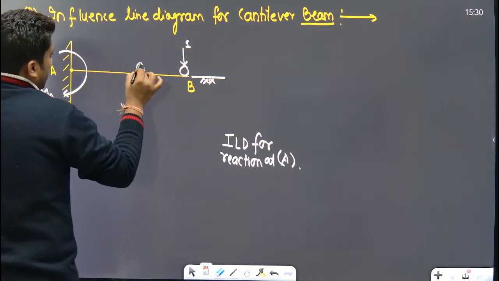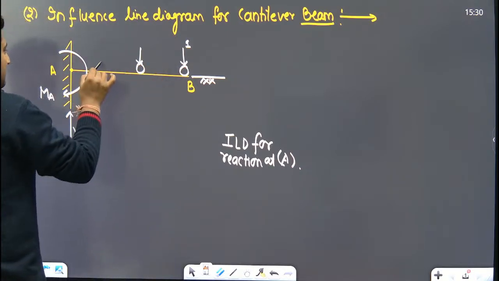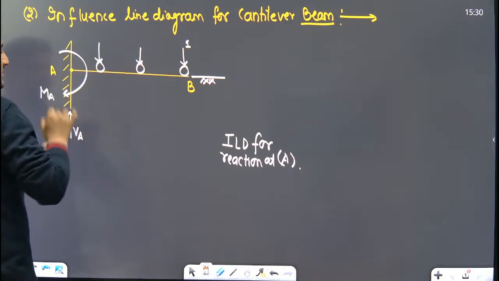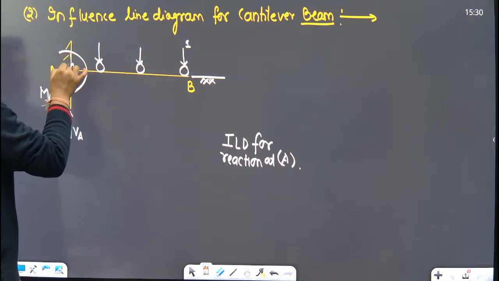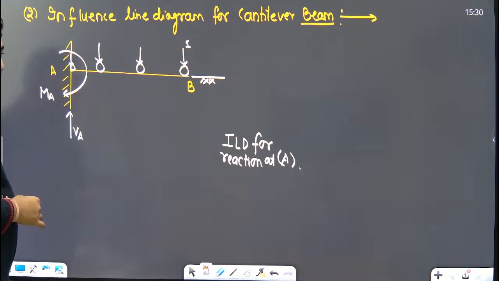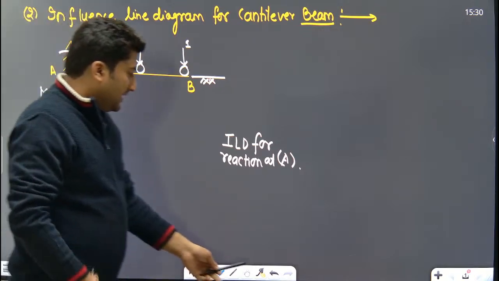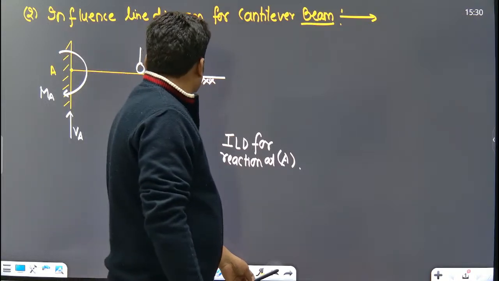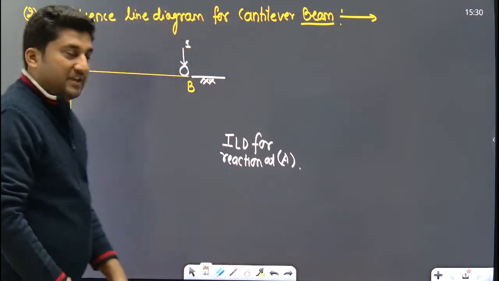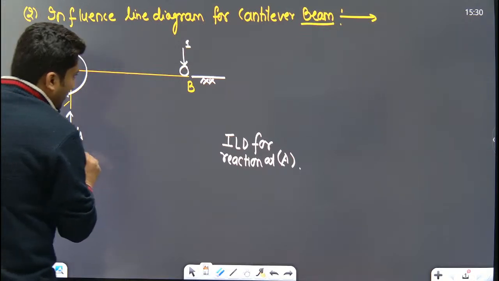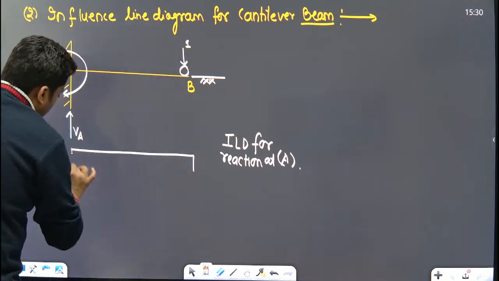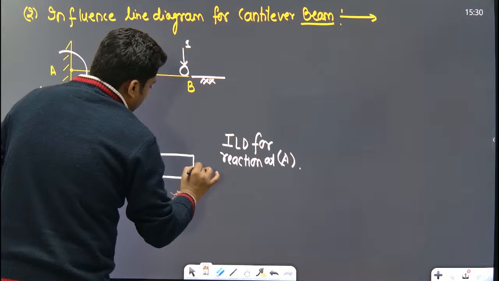When the unit load is at this position, VA will be 1. When the unit load is just ahead of the support, the reaction will be 1 only. So the shape of the ILD for VA is nothing but rectangular, and the magnitude is 1 only.